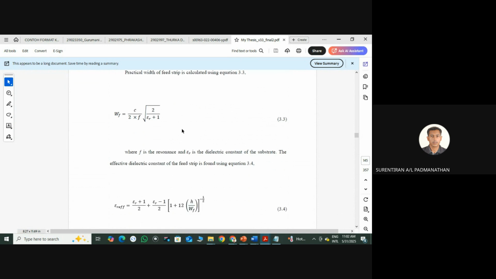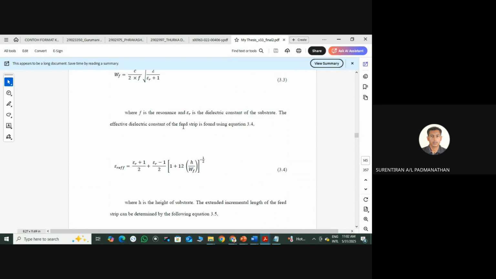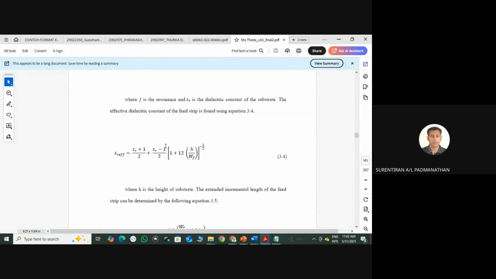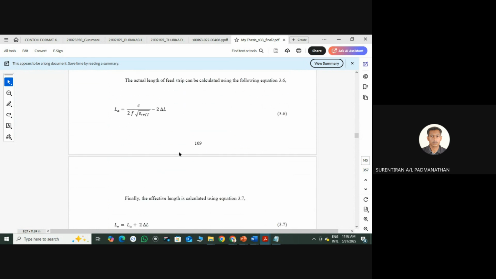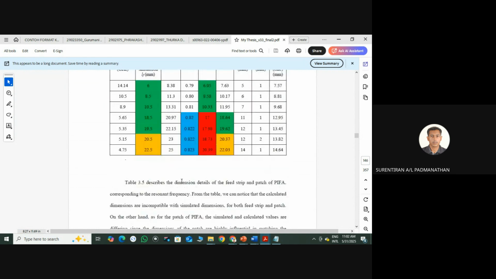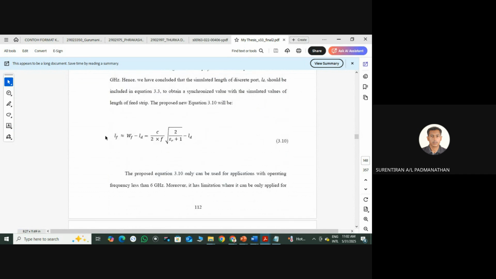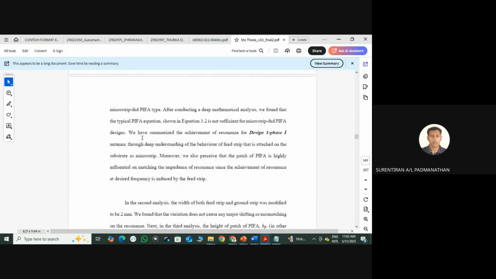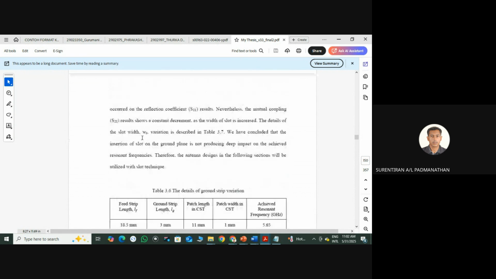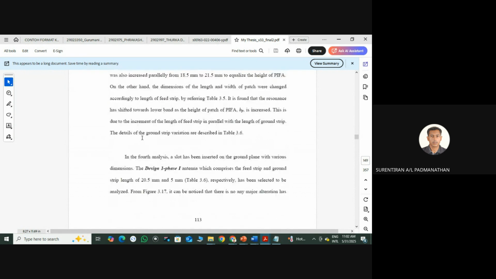Okay. So I looked into all the formula approaches. Then after that I did the analysis. Then once I found it, I came out with my own formula. Okay, I proposed my own new formula.